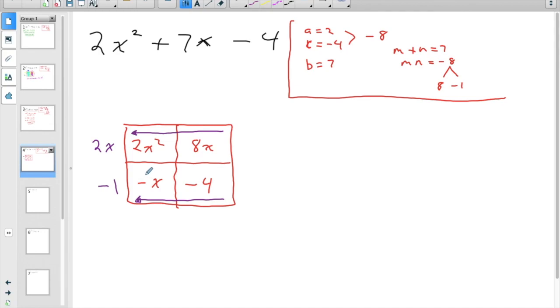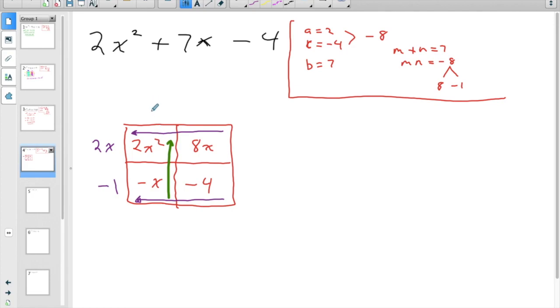Essentially, because both of these numbers are negative, we end up with a negative out here. These two right here, when we go up, I'll look at these two first.